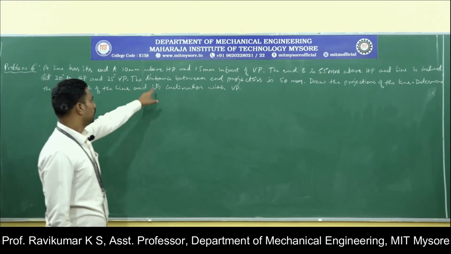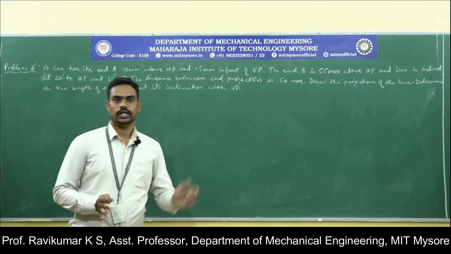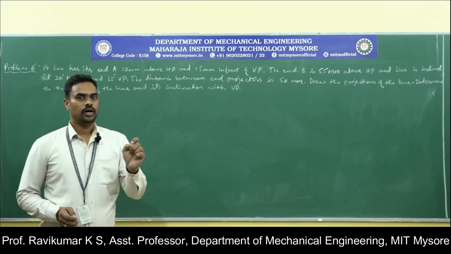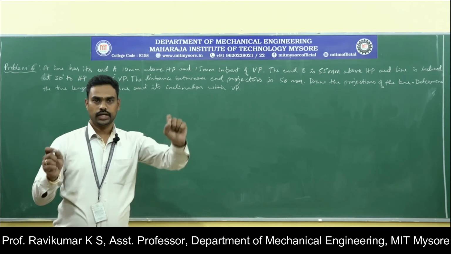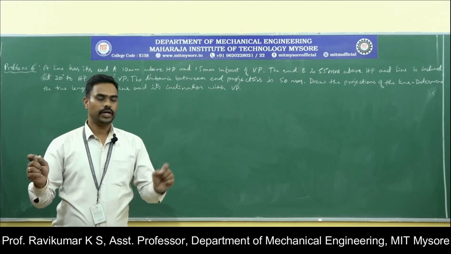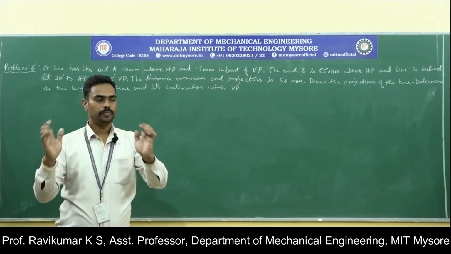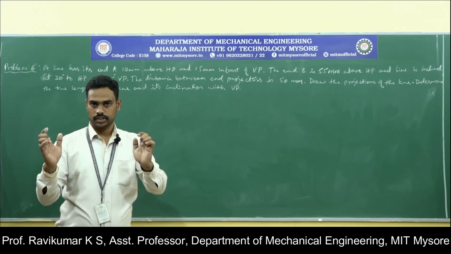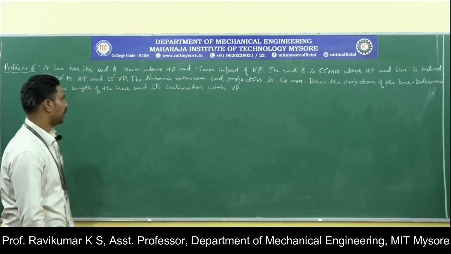So here distance between end projector is given. So distance between end projector, as I said in the earlier problem, is the horizontal distance between the two projectors, A dash A, B dash B, or P dash P, Q dash Q. Distance between the end projector means the horizontal distance between two projectors of the points of a line.